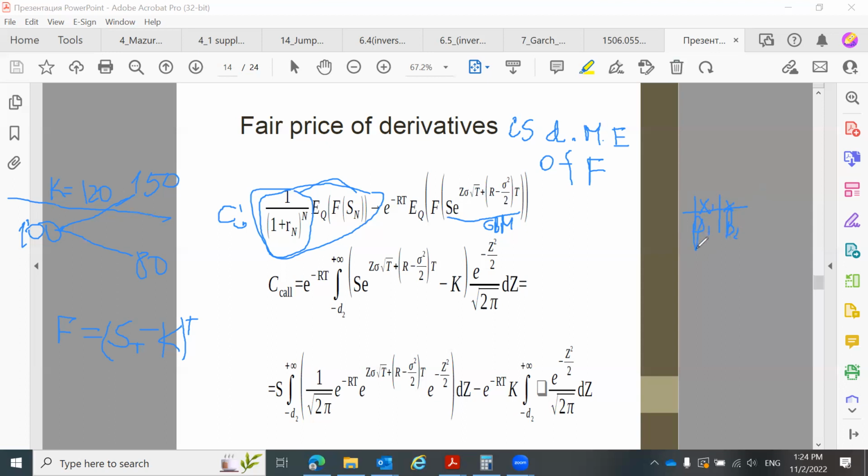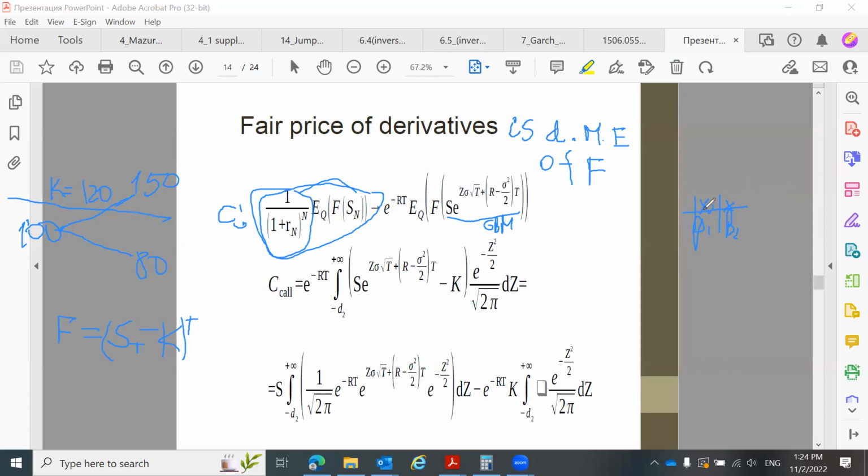But so it is x1 multiplied by p1 plus x2 multiplied by p2 and so on, xn multiplied by pn. It is in discrete variant, if x is a discrete variable.